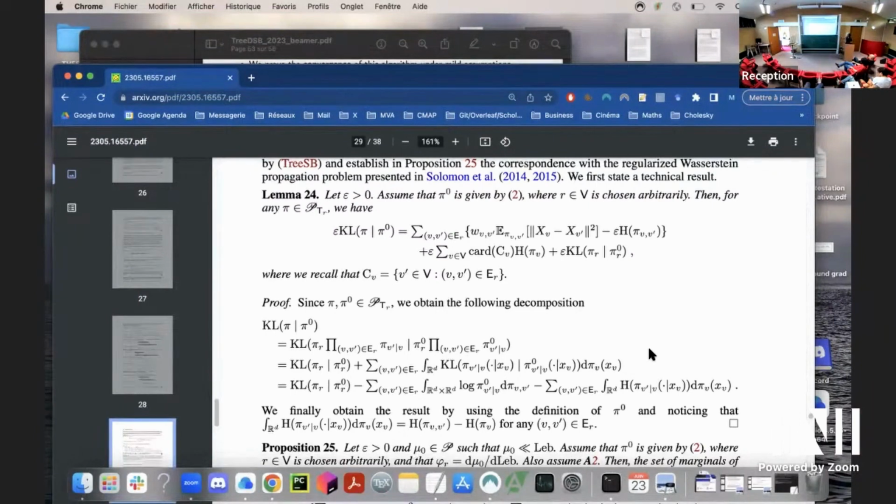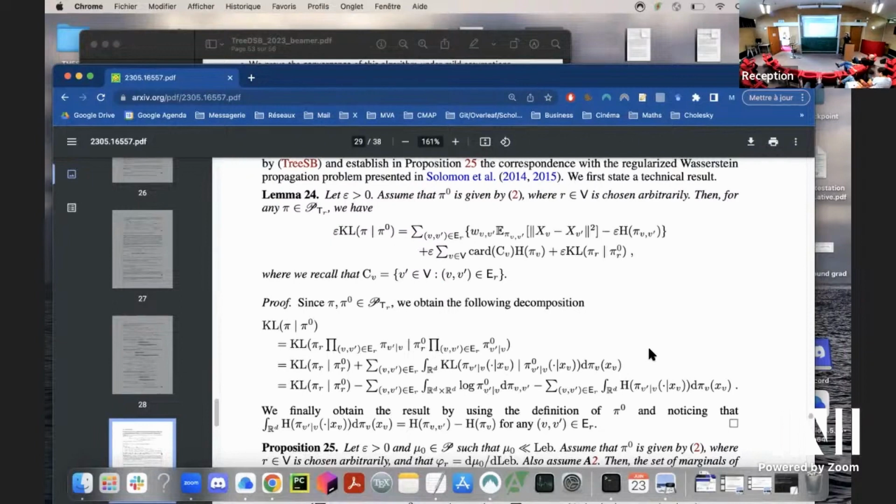And once you have your star-shaped tree, you take the central node, and the central node has 1, 2, 3, 4 children. So 4 times the entropy of the central node, and there is still this regularization term, which has to do with what you choose as pi 0. What is this is really the question. We choose Gaussian distribution, but what do you choose as the regularization for your central node?